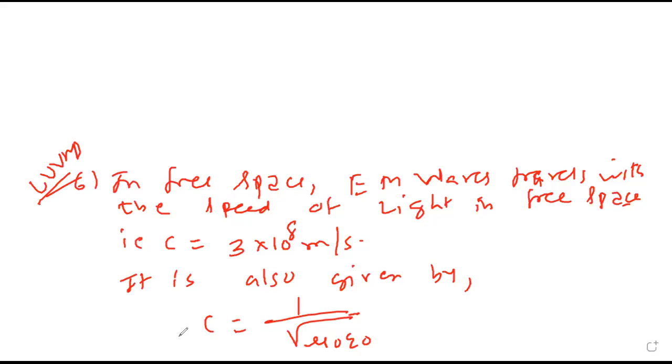Sixth point done. Yes, sir. So in free space, it is 3 into 10 raised to 8, which is 1 upon root of mu naught epsilon naught. Seventh.